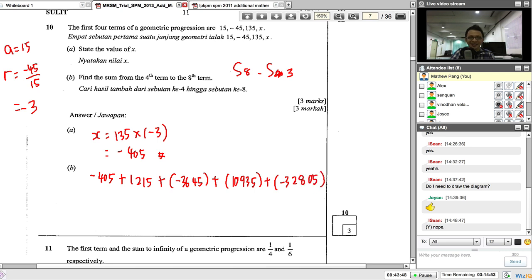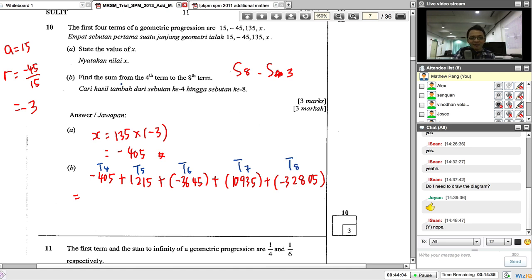I hope it's correct. Alright, let me just label it before you get confused. This is term 4, term 5, term 6, term 7, and term 8.